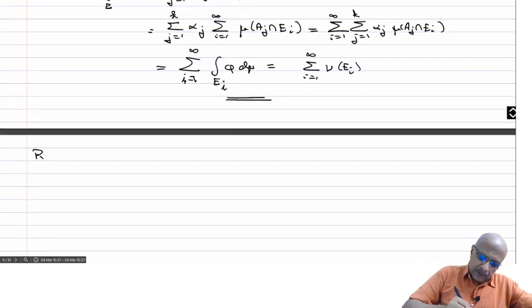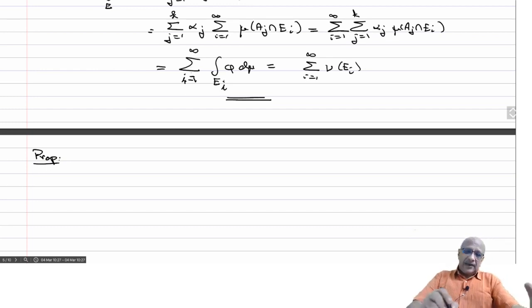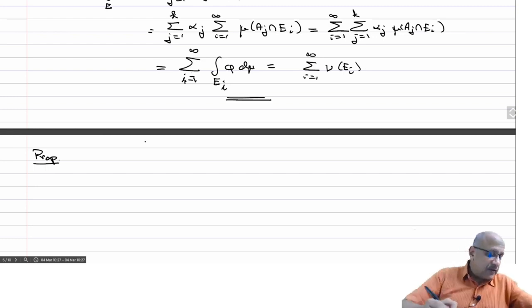So now we are going to prove a first step of an important property. When you have integration, that's a linear operation. If you take a sum of functions and integrate, it's the sum of the integrals and so on. But these things have to be proved with the definition which we have given, and therefore as a first step towards this we have the following result.